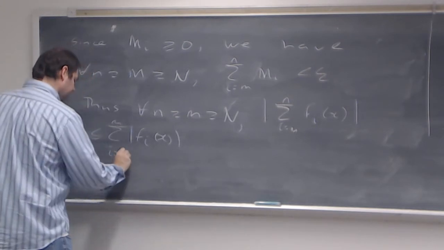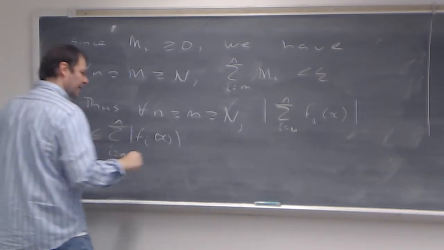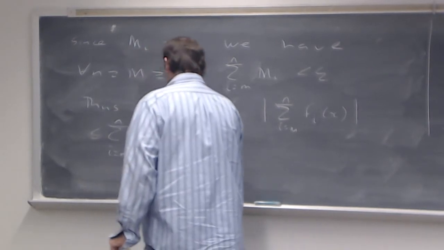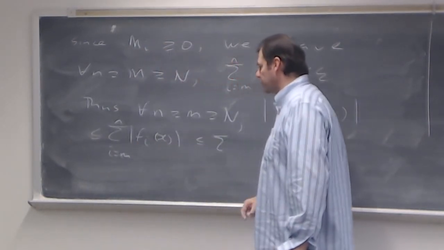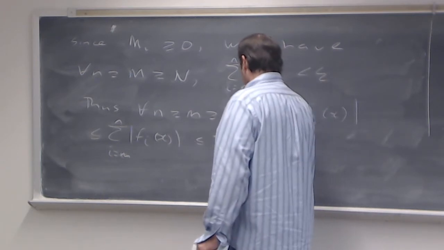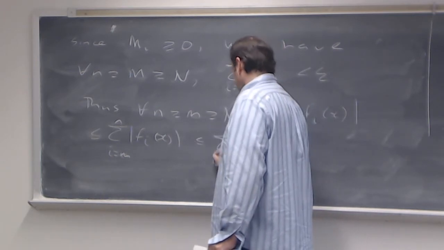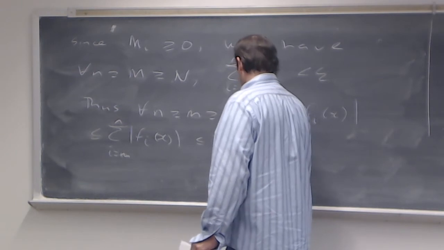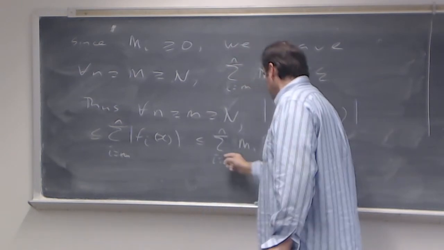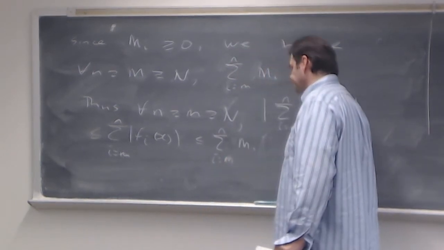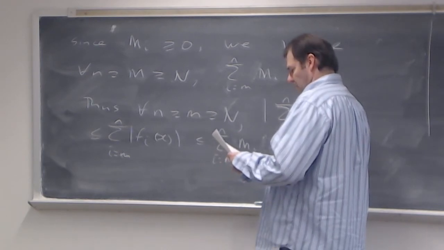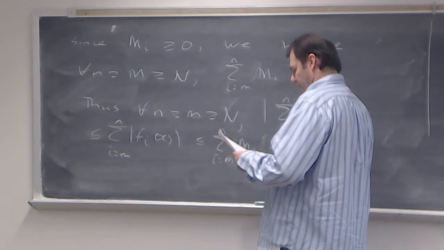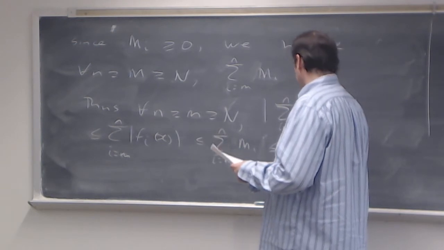I miswrote these. Okay, that's what we have. But this guy is less than or equal to, I'm going to replace the absolute values of the f sub i's by the m sub i's. Well, it's just m sub i, not the f sub i value of it, as i runs from m to n. Okay, and we know that that's less than epsilon. Or if you want, you can say less than or equal to epsilon.